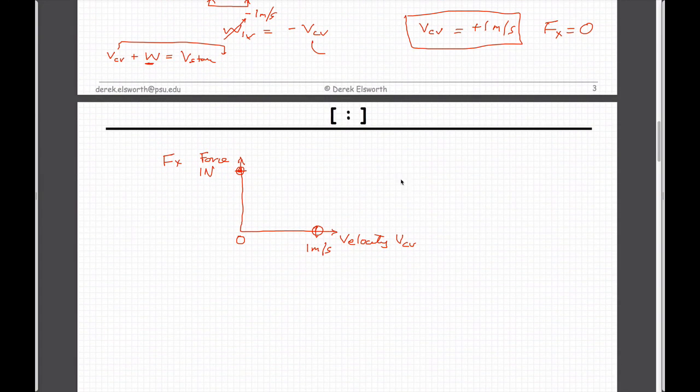We know that work is equal to force times displacement. We know that power equals work per unit time, which is equal to force times velocity.